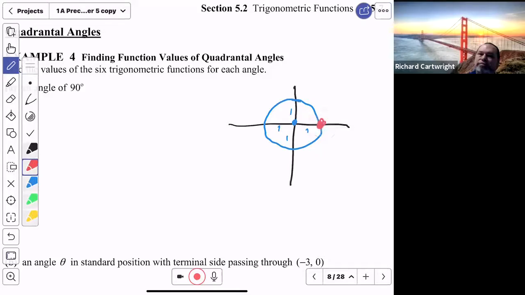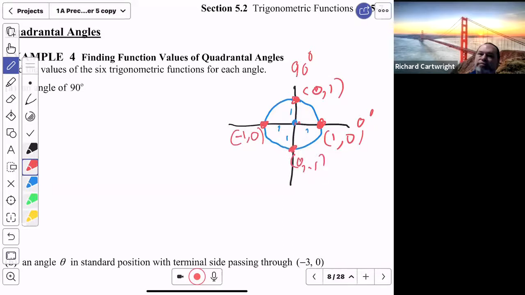That ordered pair is 1 to the right, 0 up and down. These are quadrantal because this is 0 degrees. This is 90 degrees. That ordered pair is 0, 1. This ordered pair is negative 1, 0. This ordered pair is 0, negative 1.